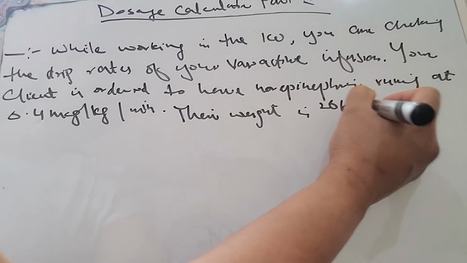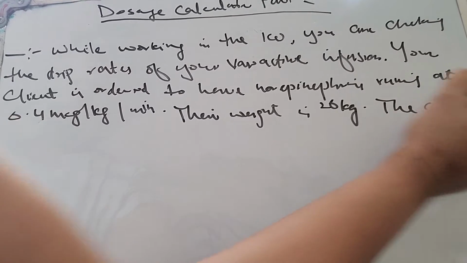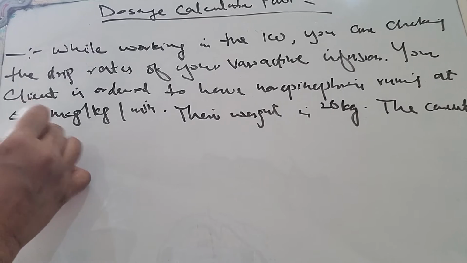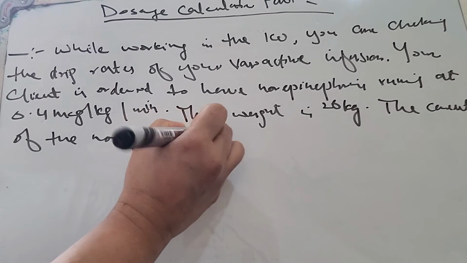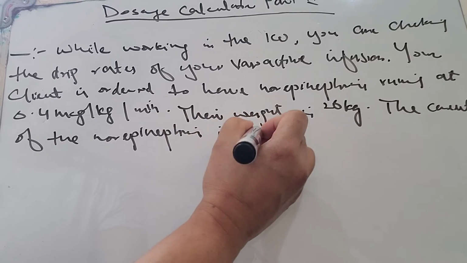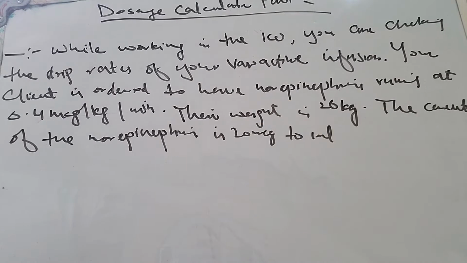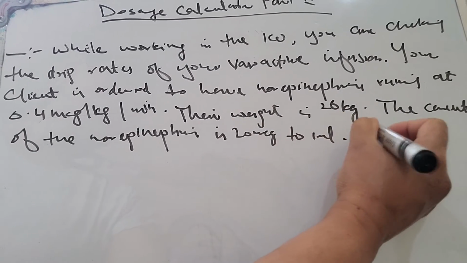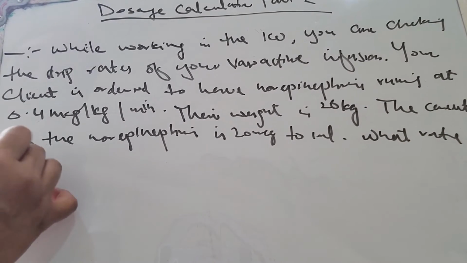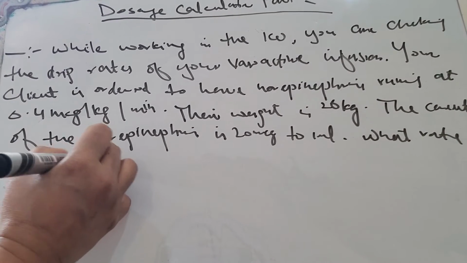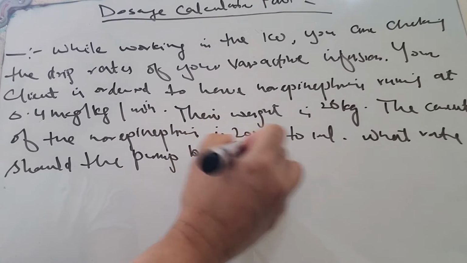The concentration of the norepinephrine is 20 microgram to 1 ml. What rate should the pump be set to?